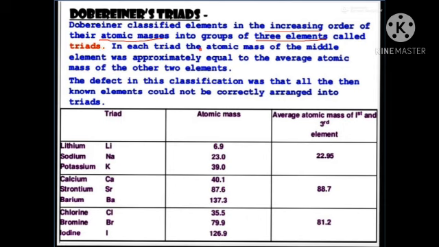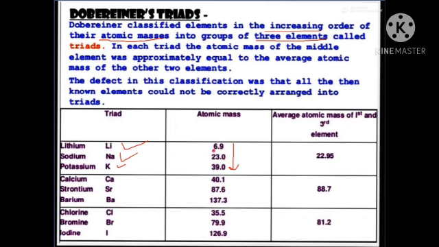In each triad, the atomic mass of the middle element was approximately equal, not exactly, to the average atomic mass of the other 2 elements. Let me explain. For example, there are 3 elements: lithium, sodium and potassium, arranged on the basis of increasing atomic mass: 6.9, 23.0, 39.0.